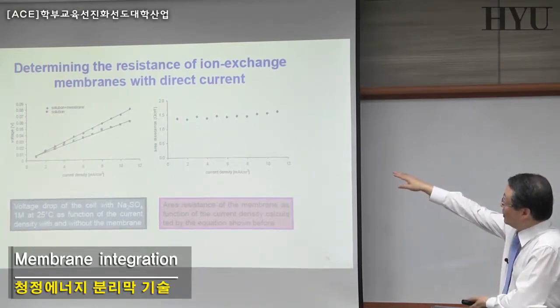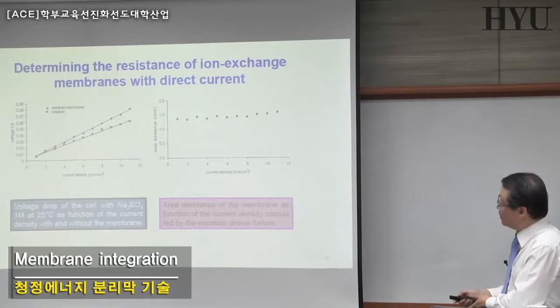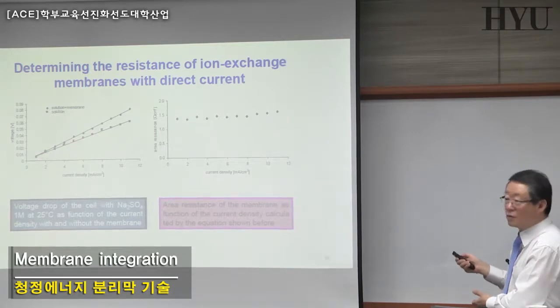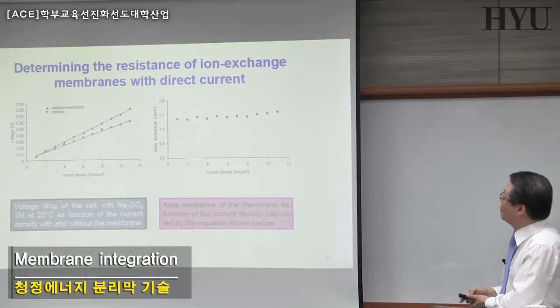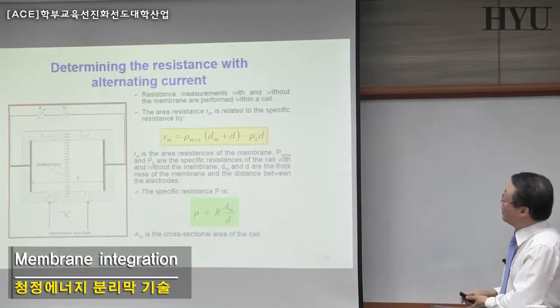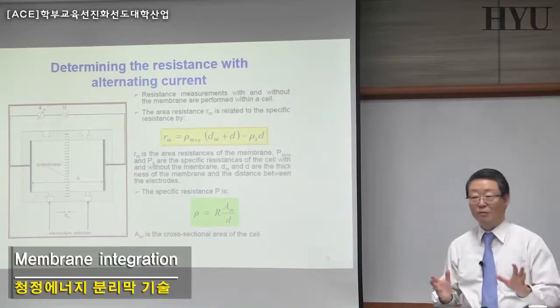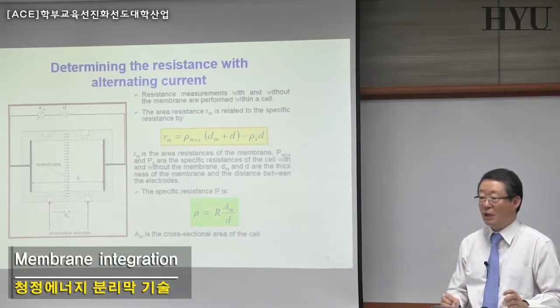And for the area resistance, if you plot the slope here at each point, it will be almost constant, as you can see here. Anyway, this is the easiest way of measuring the area resistance, the membrane resistance.